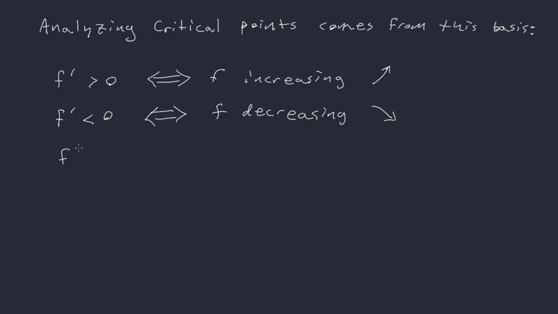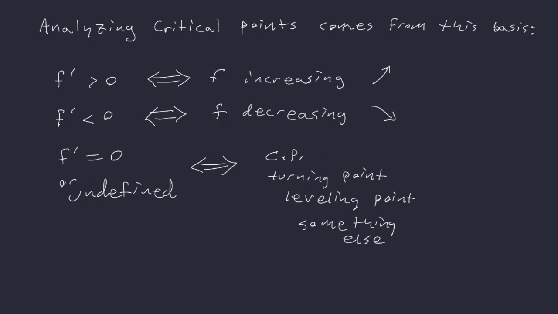And otherwise, if f prime is 0 or undefined, well, first of all, that's a critical point, and that can correspond with a turning point, a leveling off point, or something else. For example, if it's a turning point, it could be doing this or this.